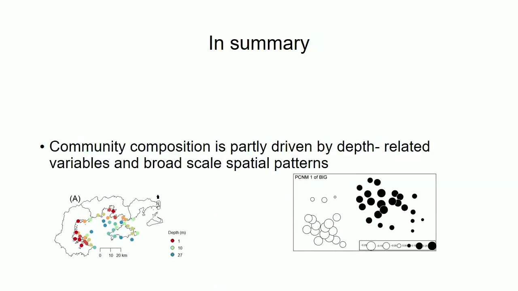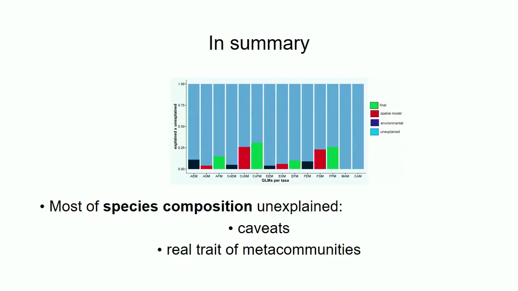Community composition is partially driven by depth-related variables and broad-scale spatial patterns. And most importantly, I guess, most of species composition was unexplained by any of those, which is interesting. I mean, it could be a caveat of a local sample point or something.